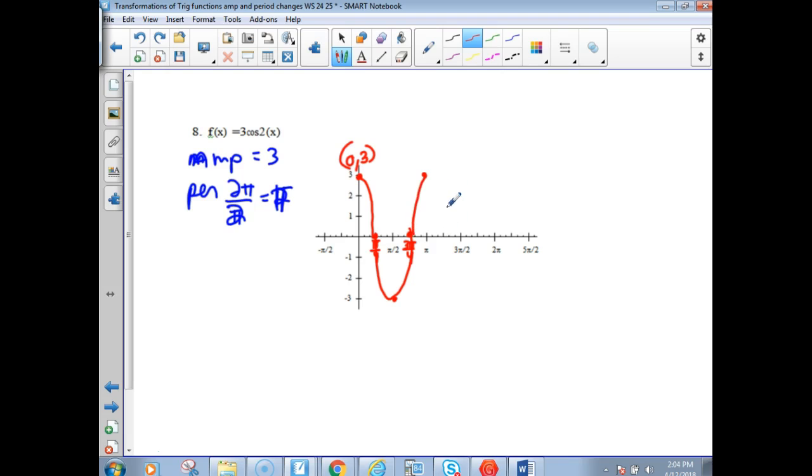Okay. The key points: pi over 4, 0. We already got 0, 3, pi over 4, 0. Then we got pi over 2, negative 3. 3 pi over 4, 0. And the last one up here would be pi, 3. And then you could continue the graph just by following the curve. So it goes up like that and then comes back down.